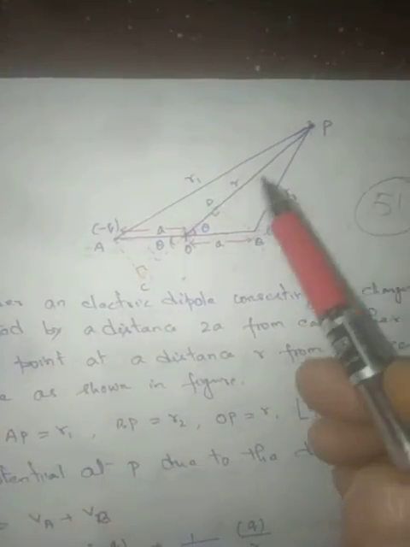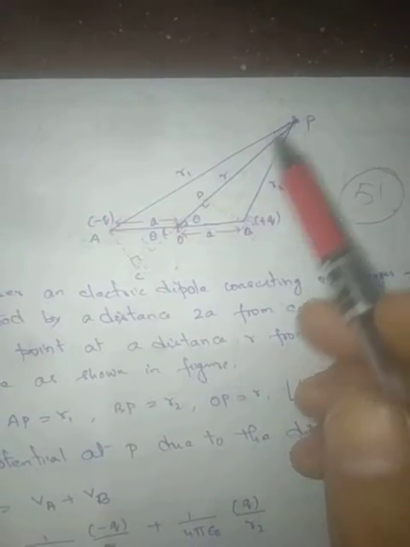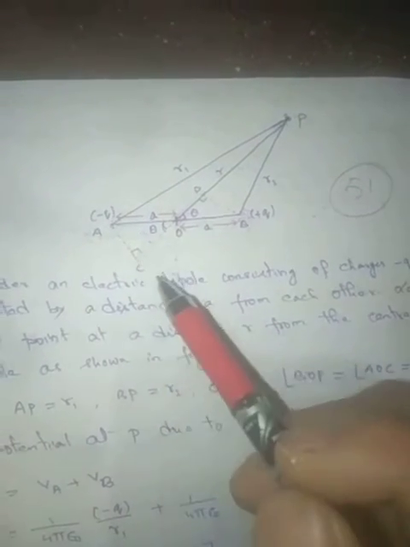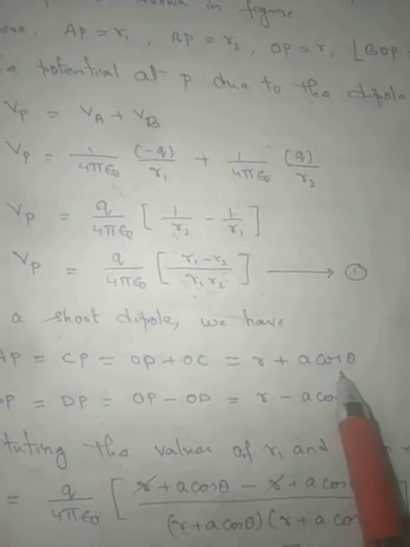Now for a short dipole, what will happen in this case? When I say short dipole, this length AP is equivalent to CP, because when the dipole is short, this point C is almost at point A. So instead of AP I can say CP, but CP equals OC plus OP, where OP is equal to r and OC is equal to a cos theta.